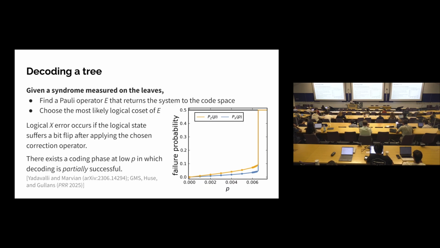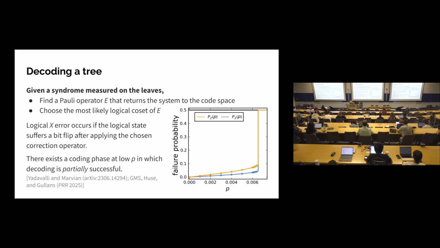Once we've made that choice, based on, say, contracting this tree tensor network, we would say that we've succeeded if we didn't implement a non-trivial logical on our system. For example, if the logical state has suffered a logical bit flip after our chosen correction operator, then we would have suffered a logical X error.